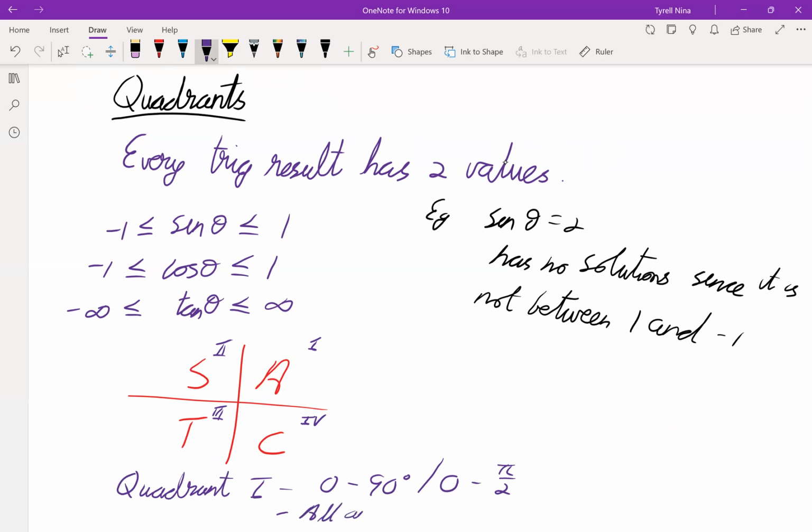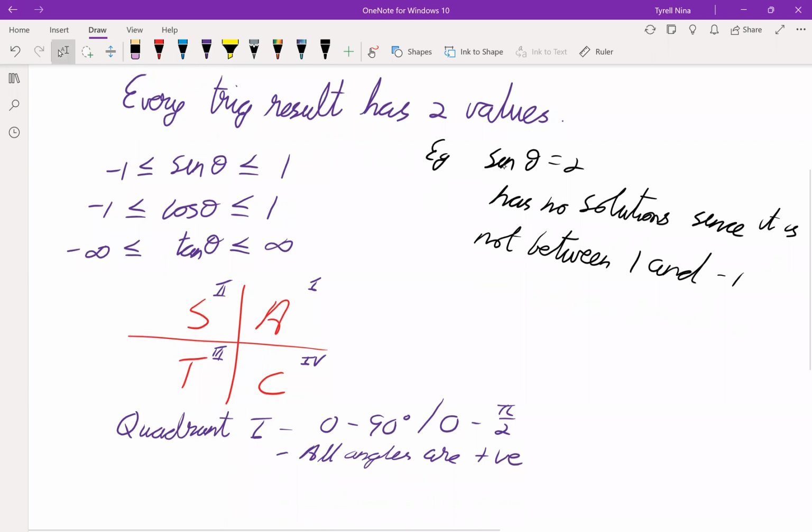All angles are positive. Right, and theta is equal to theta r.